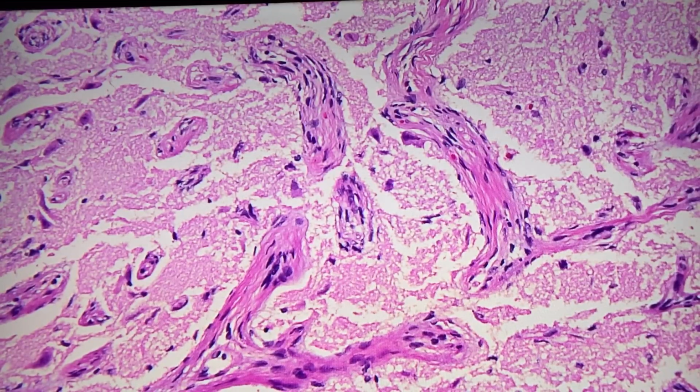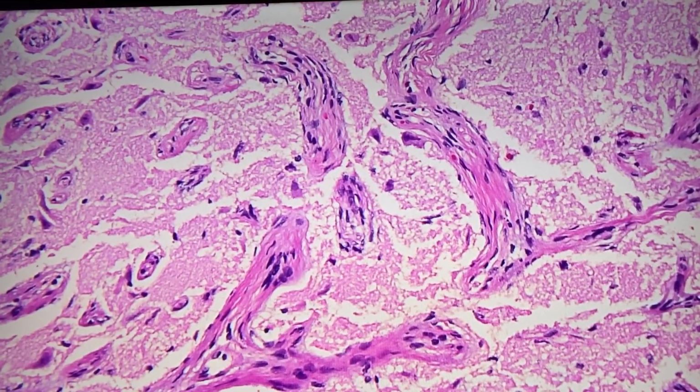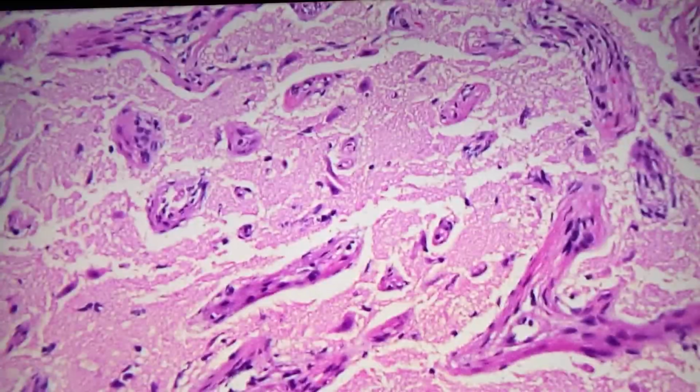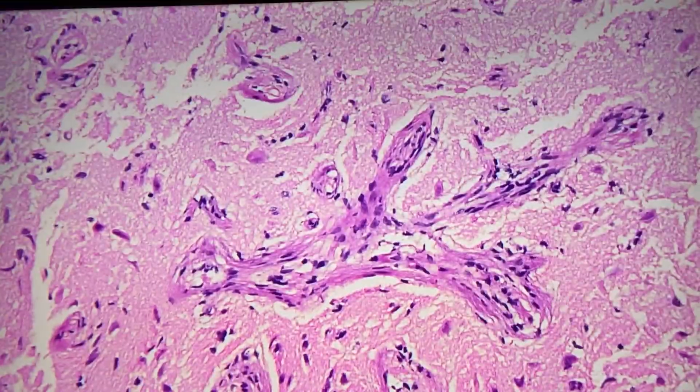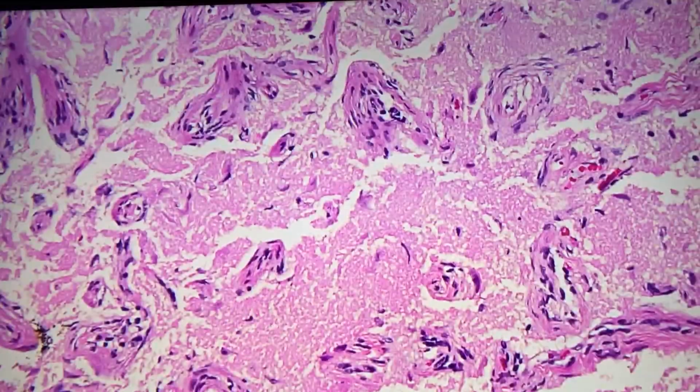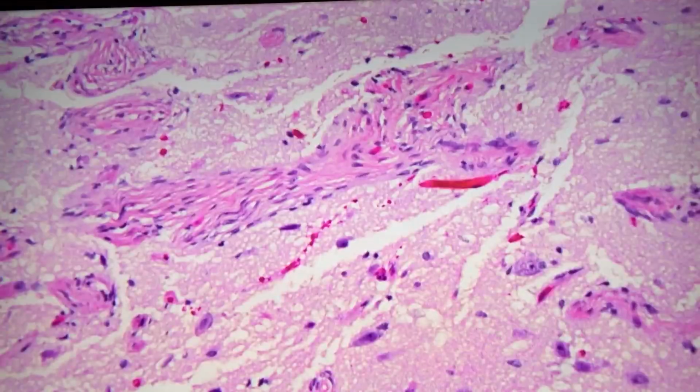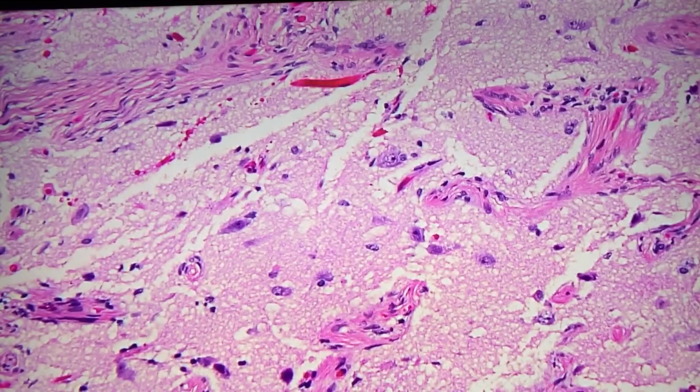So this is a very odd looking lesion, right? I remember when I first saw this case, I had no idea what this was. It's very rare. And this lesion was sent as a tumor in a 2-year-old that was having seizures.